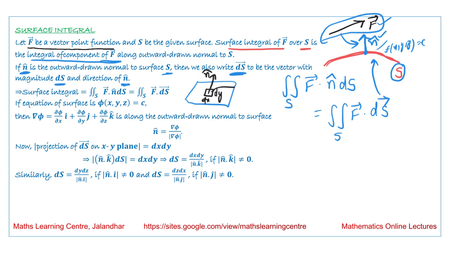So ds vector has the magnitude ds and the direction n cap.